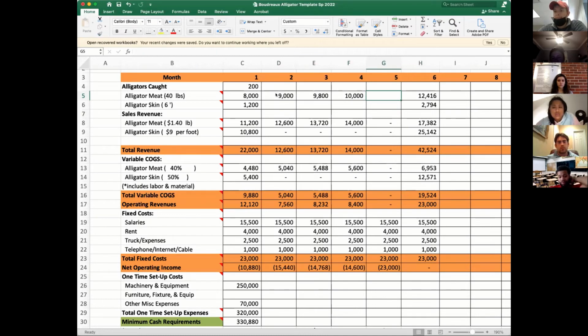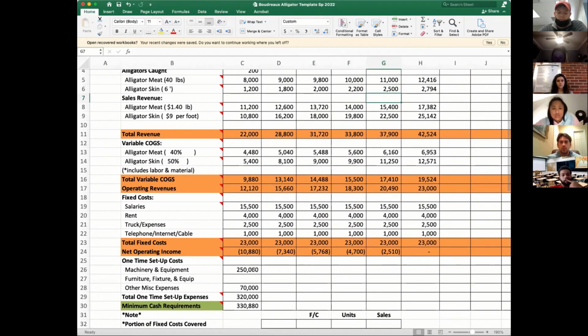And here I go to 11,000. And here I say I went from 1,200 to 1,800 to 2,000 to 2,200 to 2,500. And guess what I have? I have a 6 month pro forma, right?